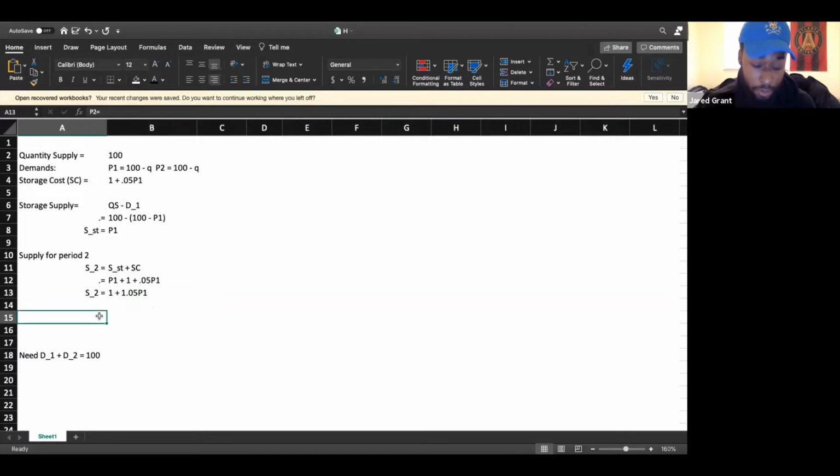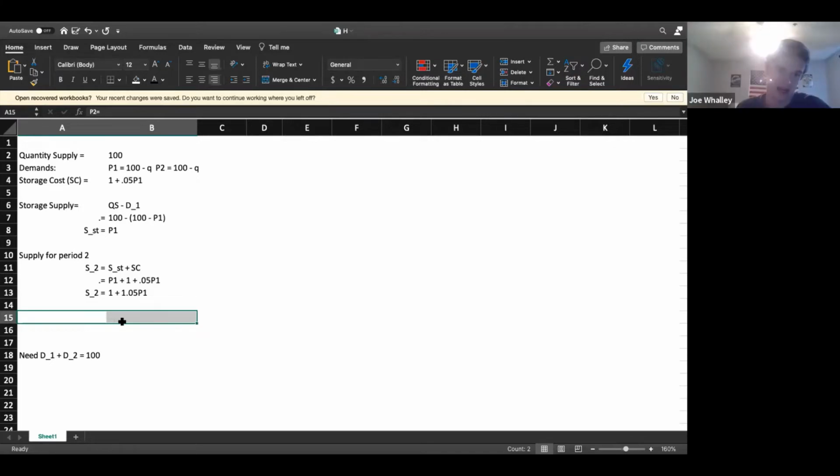All right. So how can we find P2, the price for period two, given the information that's given? Wouldn't you add your formula for storage cost to P1 to get P2? Anyone want to agree with them or want to add to it?